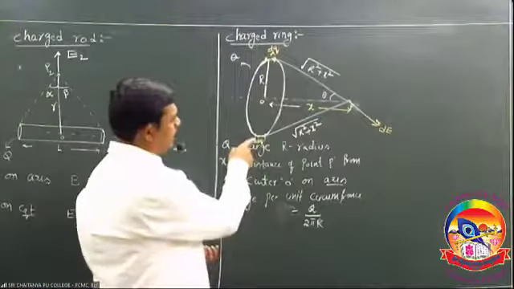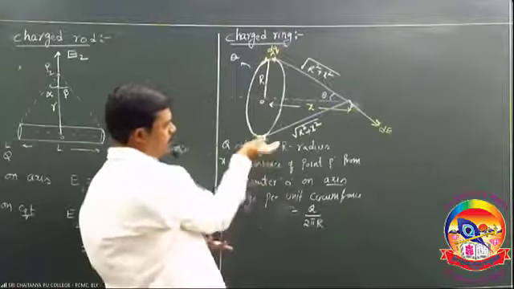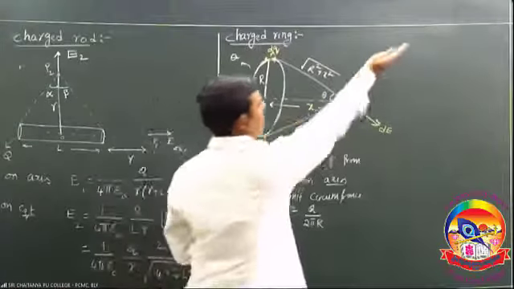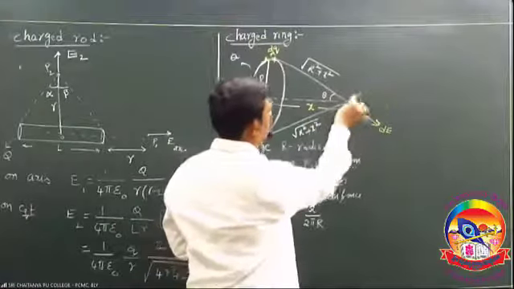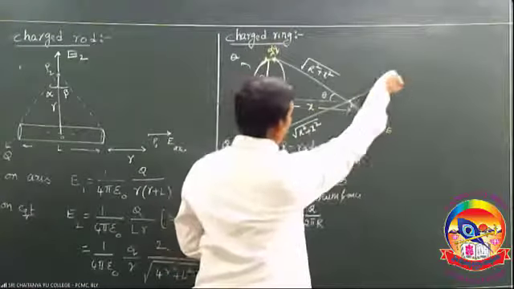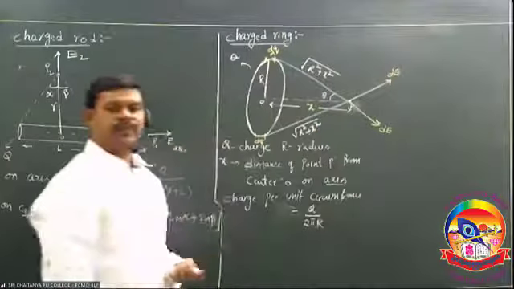Due to the small element, what is the direction of intensity? It is along this line. This is dE, right?